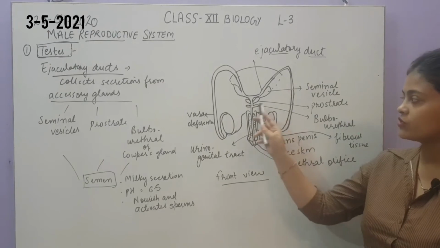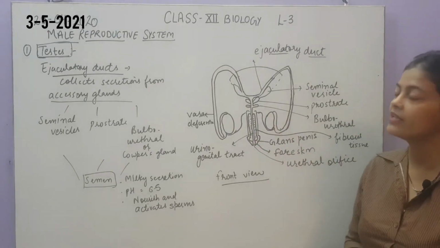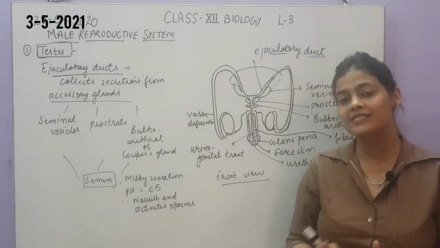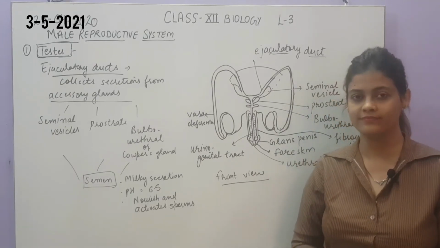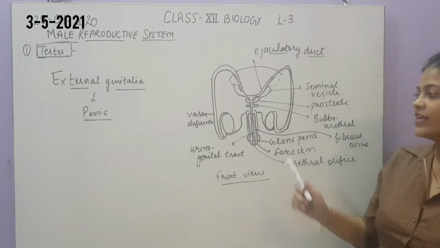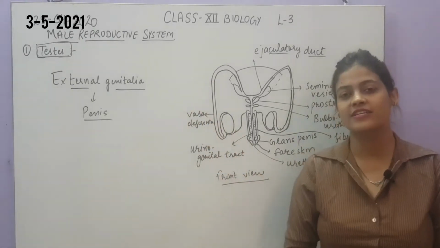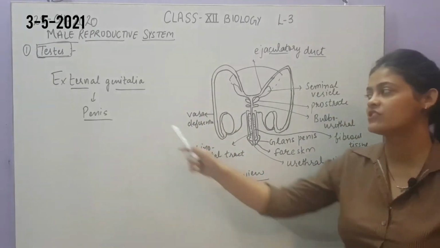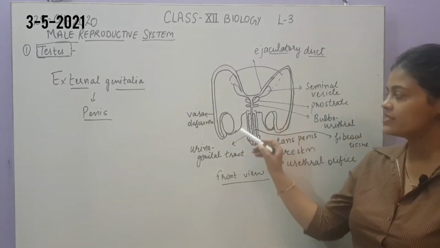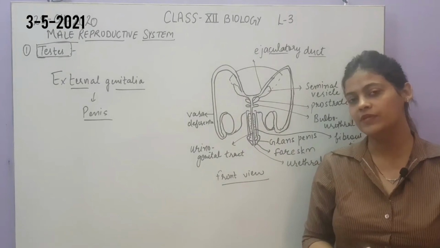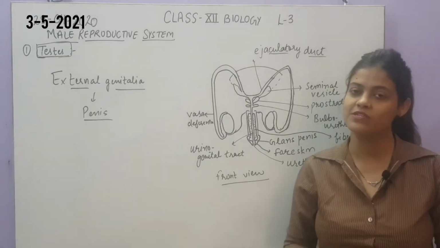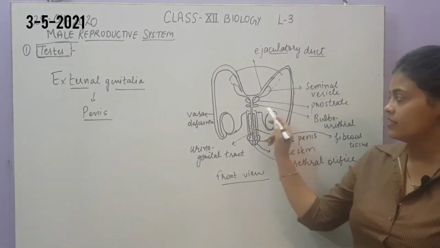Now let's see the structure of the external genitalia that will help to release the sperms in the female reproductive tract. So let's now see the external genitalia of the male reproductive system, which is called penis. Here you can see the structure of the penis. It will help in insemination, that is, release of sperms into the female reproductive tract.